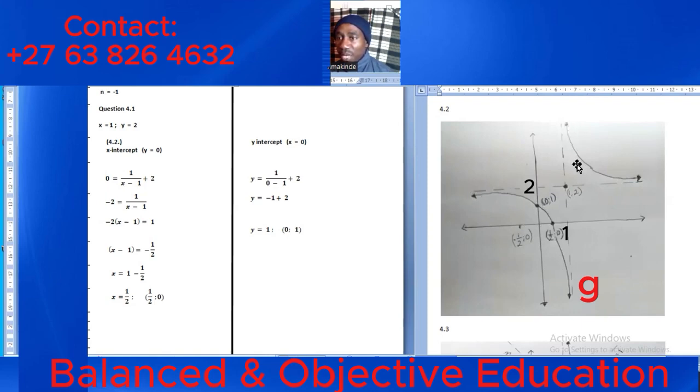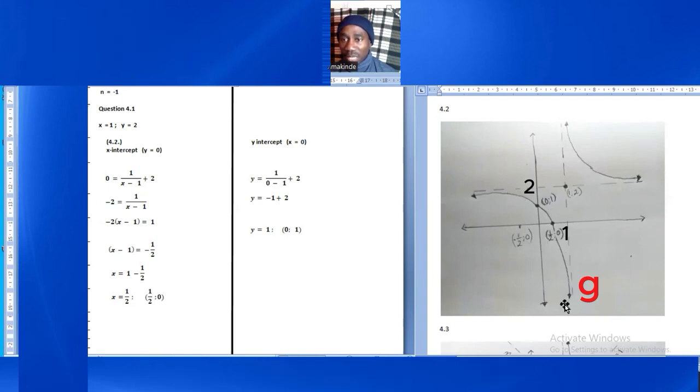Then you will have the other curve in the first quadrant facing this curve of G of X. And by that, you have answered question 4.2. So they just told us to draw the graph of G of X, indicating the x and y intercepts. And on that curve of G of X, we must indicate the position of the asymptote. So that solves question 4.2.